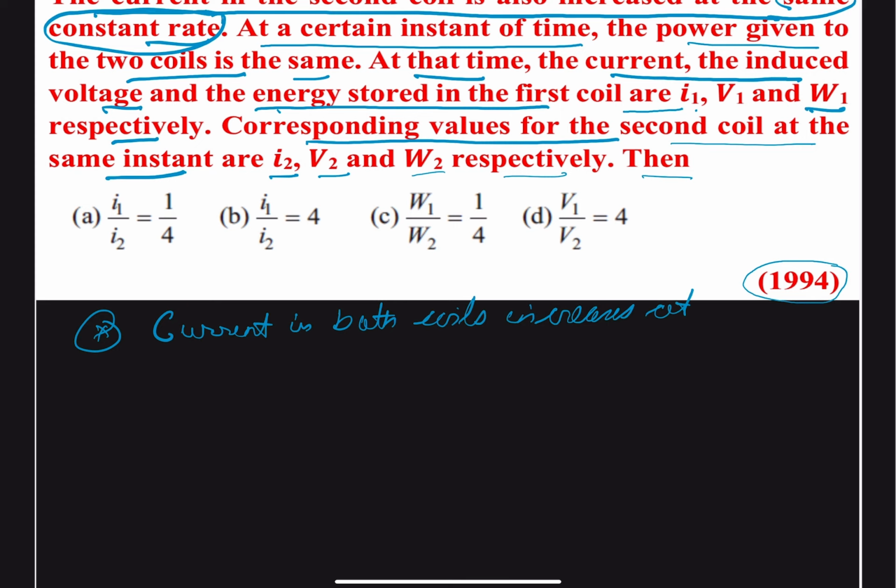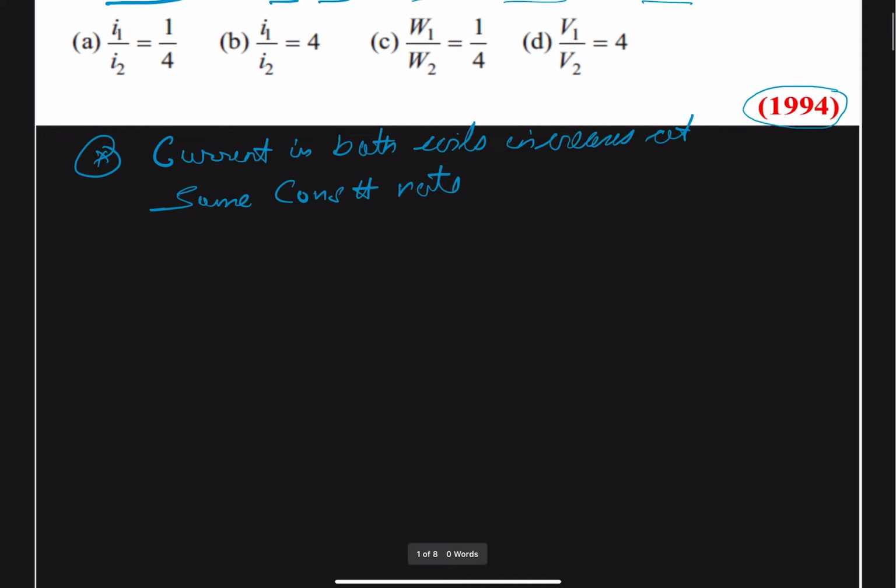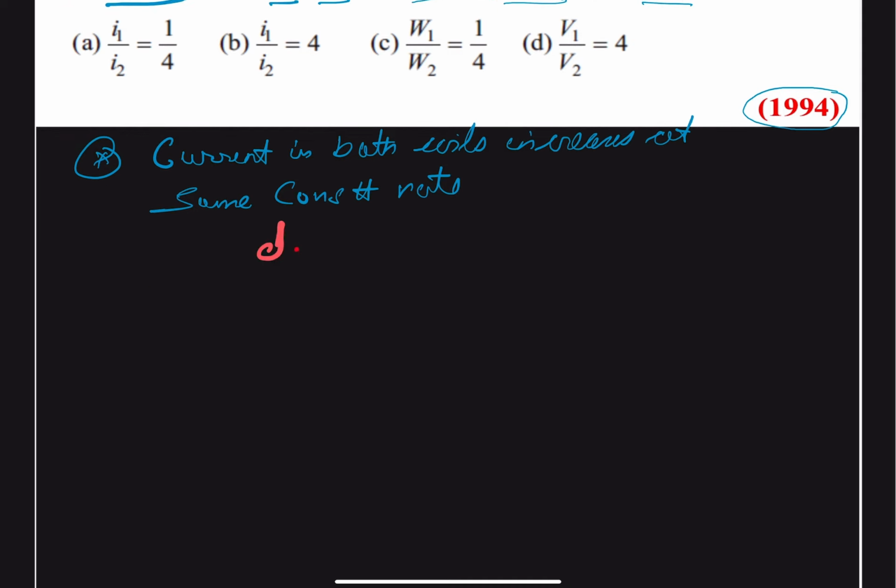So we can write di1/dt is equal to di2/dt, and let us suppose that this constant rate is represented as k.